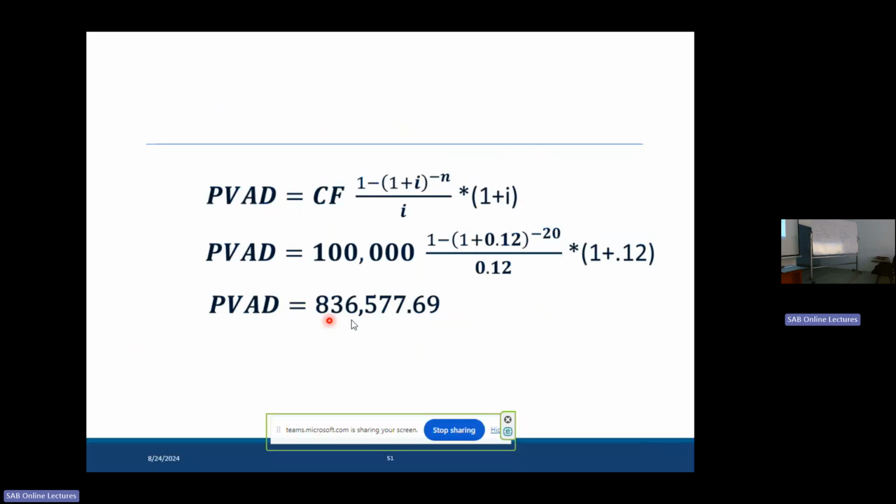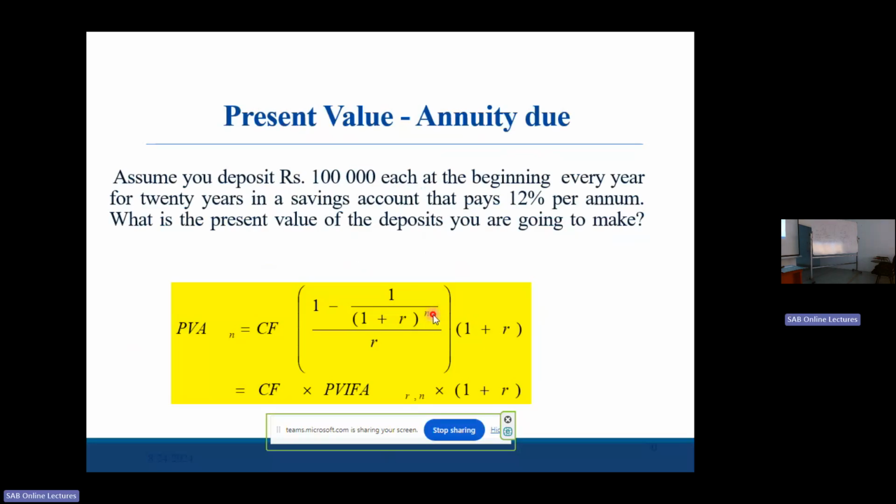This is the answer: 836,577, if you deposit 100,000 for 20 years. You can note it and do it later. So simply apply this formula and you will get this one.